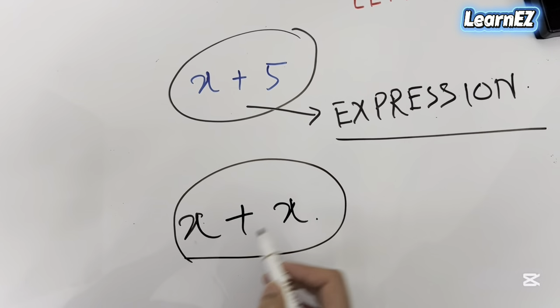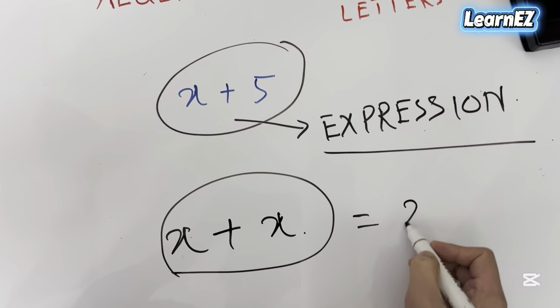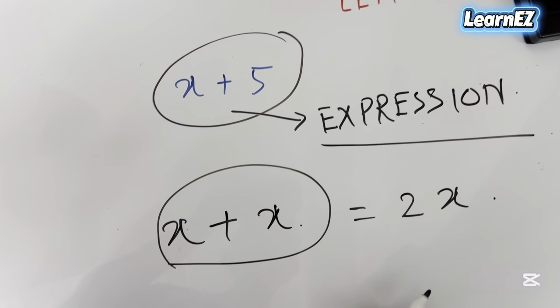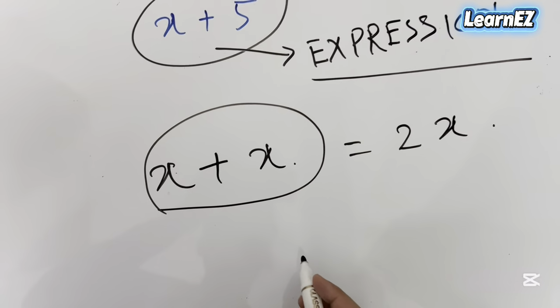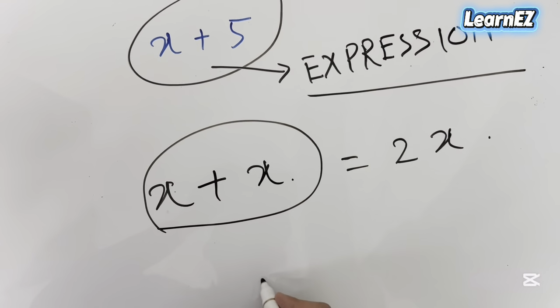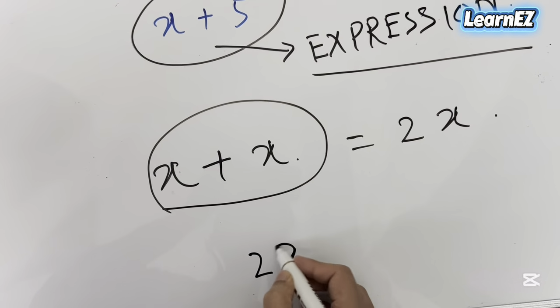Now if we are writing these two variables like x plus x, now we can do the addition because both are variables. So x plus x is equals to 2x. So we did the addition of variables.